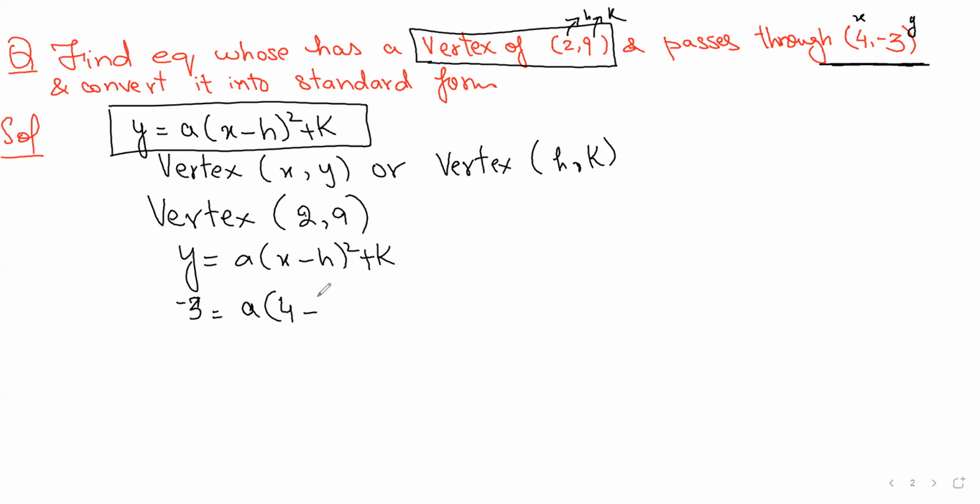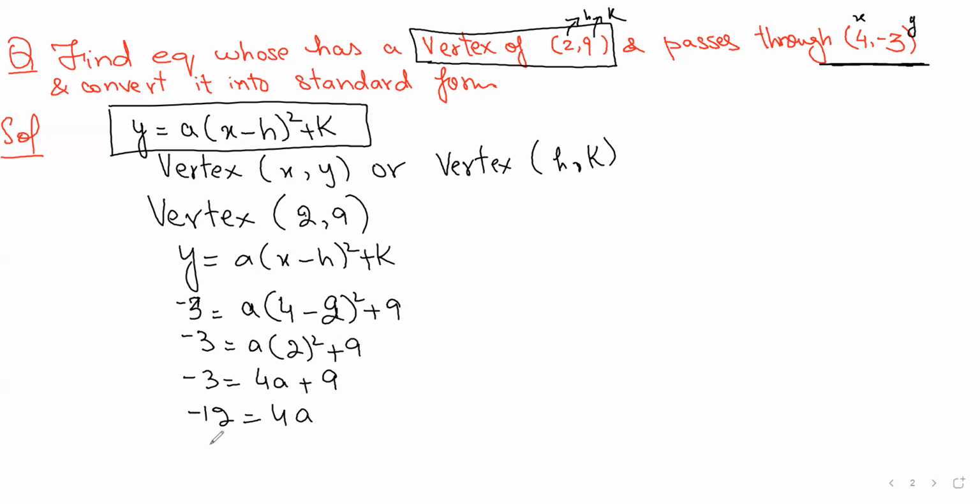For h, I have 2, and for k, I have 9. Now I have to solve for a. So negative 3 equals a times 2 squared plus 9. That is equal to 4a plus 9. If I combine the like terms, negative 3 minus 9 is negative 12, equals 4a. So a is equal to negative 3. This is my value of a.